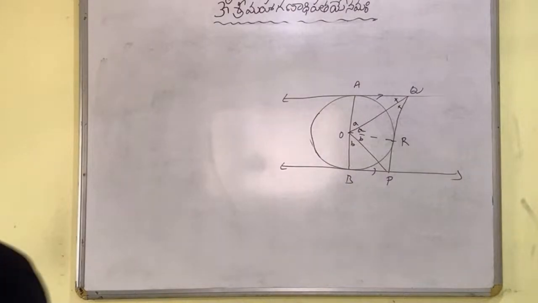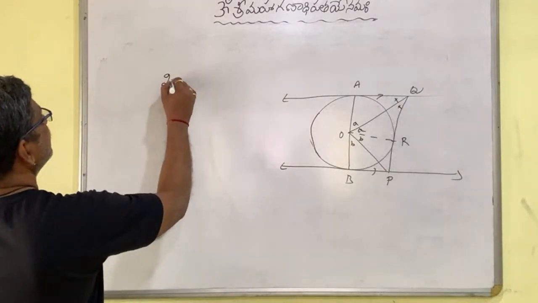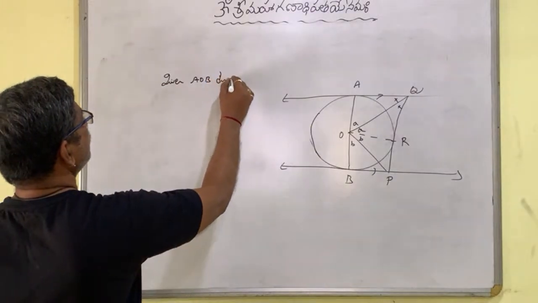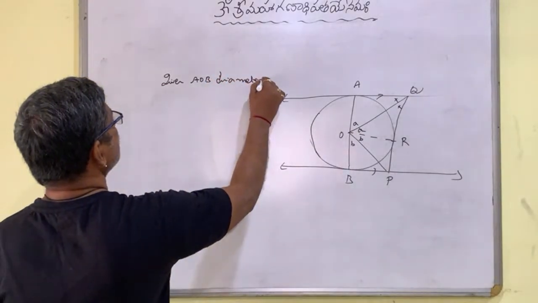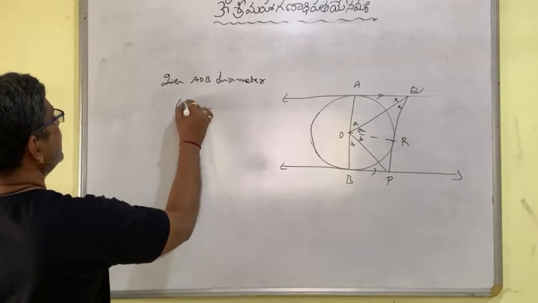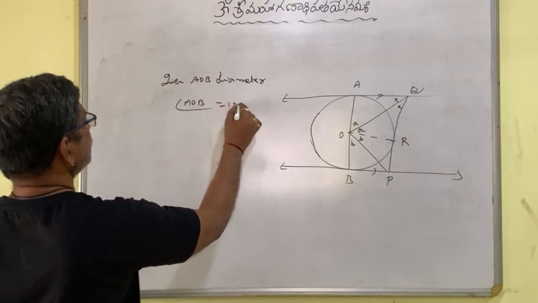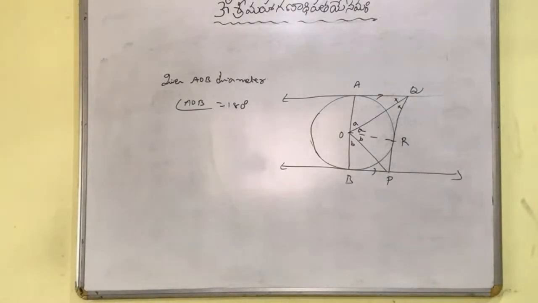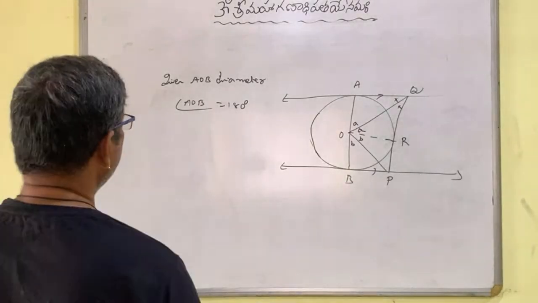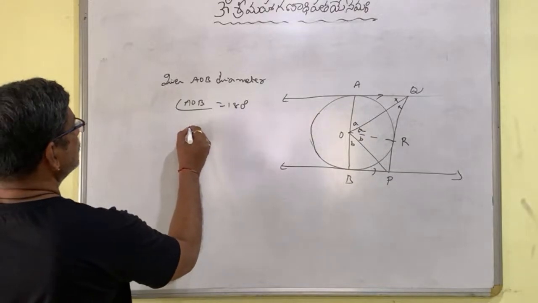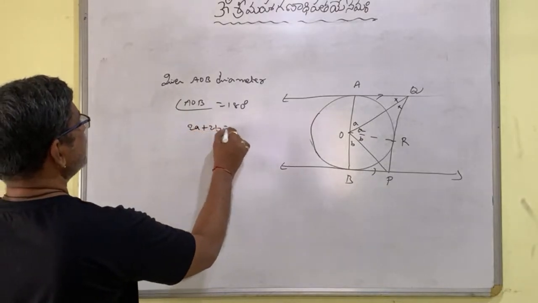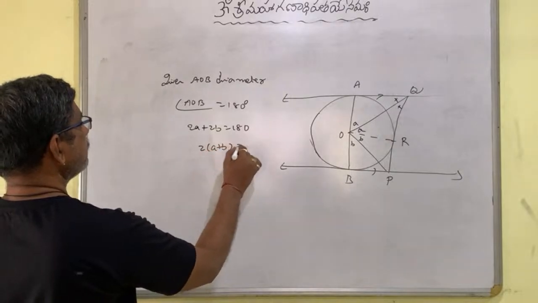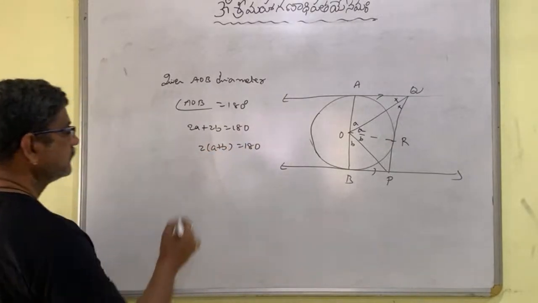Okay. Now, given AOB is the diameter, so angle AOB is 180. That means 2A plus 2B is 180. 2 of A plus B is 180.